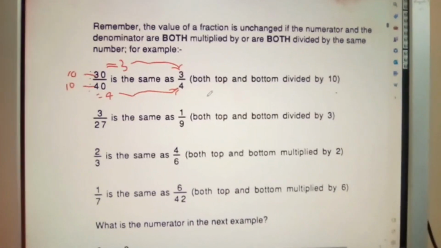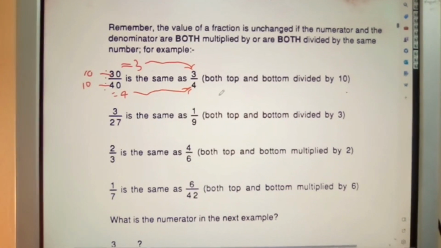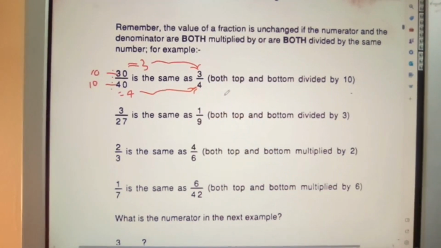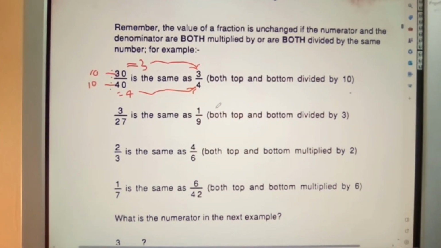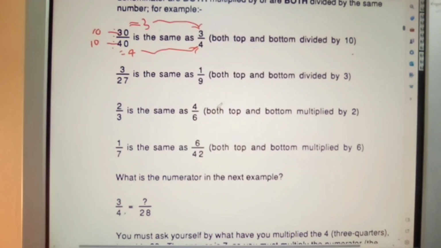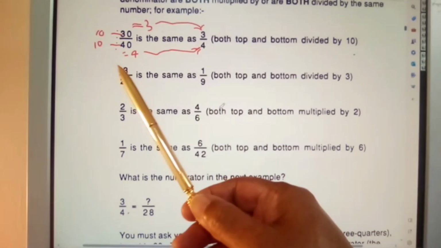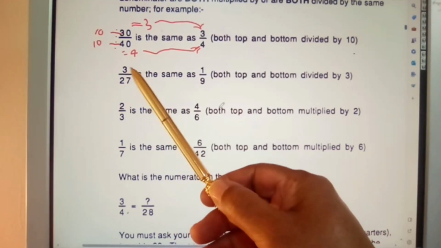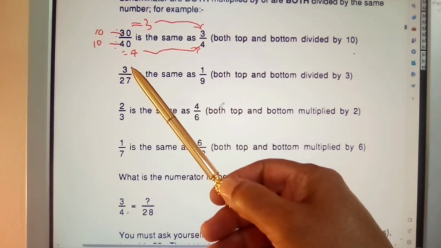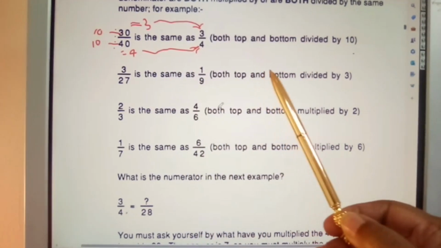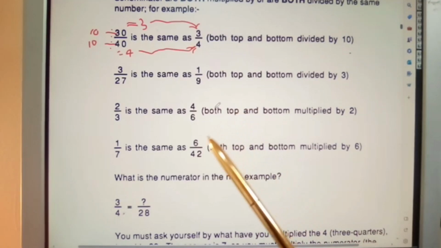Now you do the same for each case. In each case you will do the same, and it's finding a number that will divide the top and the bottom equally. Here you have both top and bottom divided by 3 in this case.